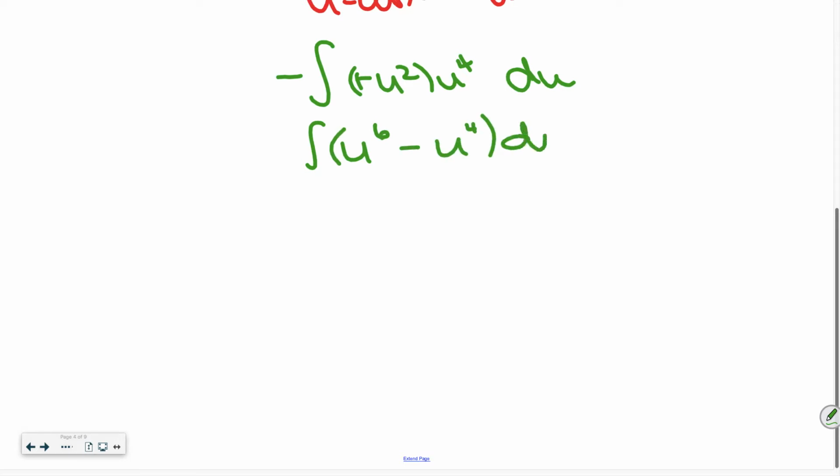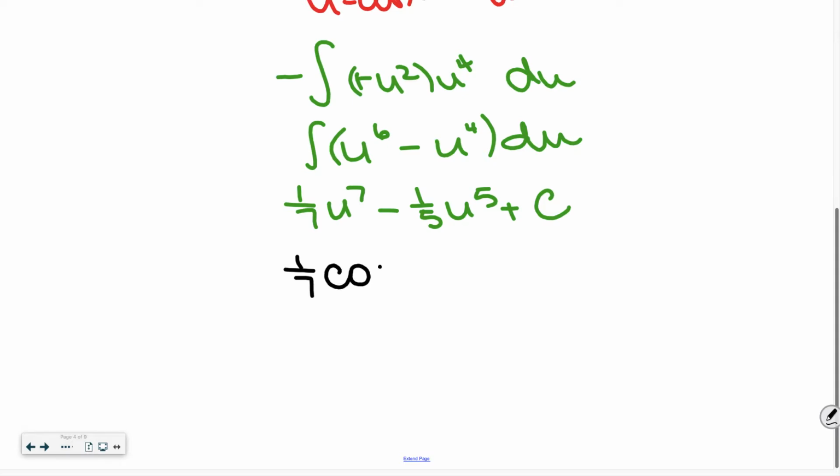I see what you did there. Because I don't want to deal with that negative on the outside. Are you following? Okay. So we have 1/7 u to the 7th minus 1/5 u to the 5th plus C, and we know that u is cosine of x.